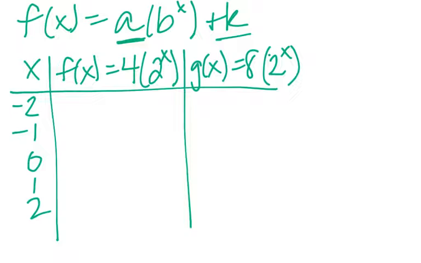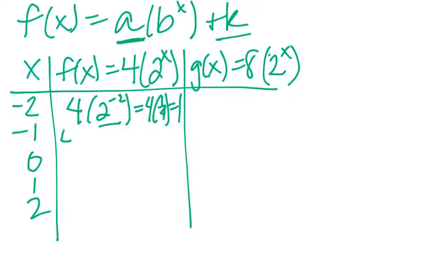I filled in the x values for us, so now let's start plugging things in. We have 4 times 2 to the -2. So we know 2 to the -2 is 1/4. So this is 4 times 1/4, which is 1. Then we have 4 times 2 to the -1.